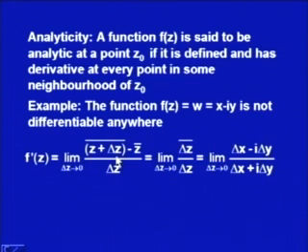So, z plus delta z bar minus z bar, divided by delta z, and then we take the limit as delta z tends to 0. This is nothing but delta z bar divided by delta z, which is the limit of delta x minus i times delta y, because we are taking the conjugate.